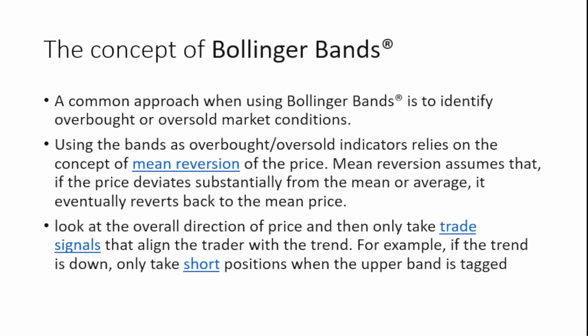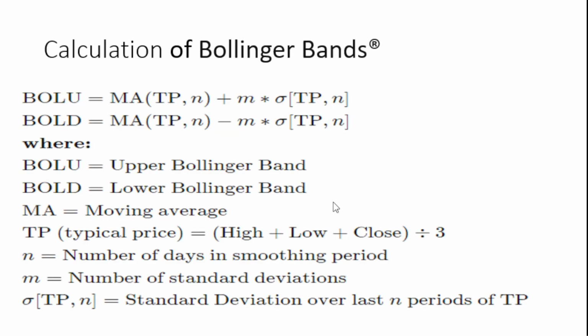So let's look at how it works. Here I drew some calculation of Bollinger Bands. Actually, Bollinger Bands are a moving average plus some volatility of its typical price, which is the average of high, low, and close price for this certain period.